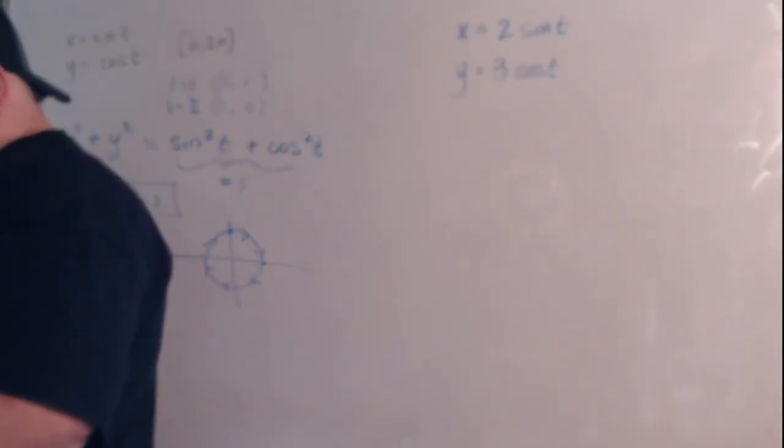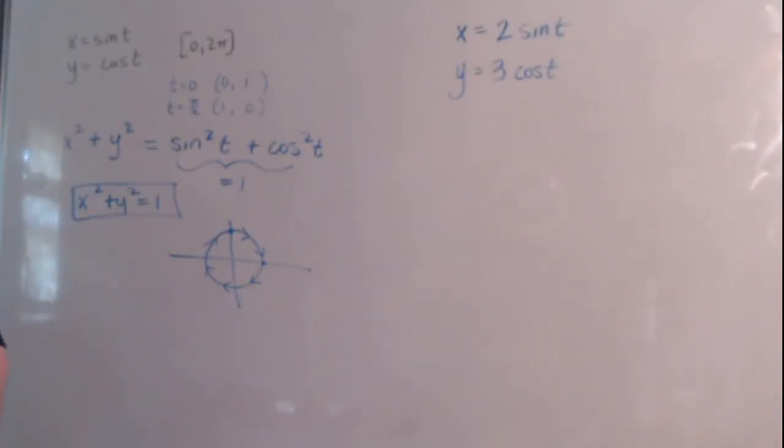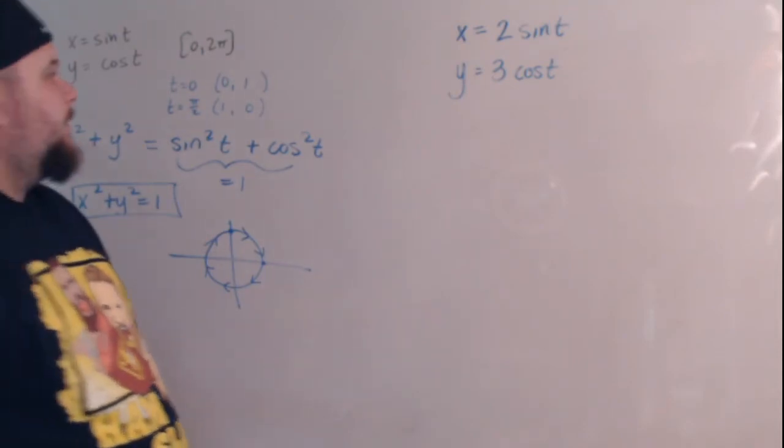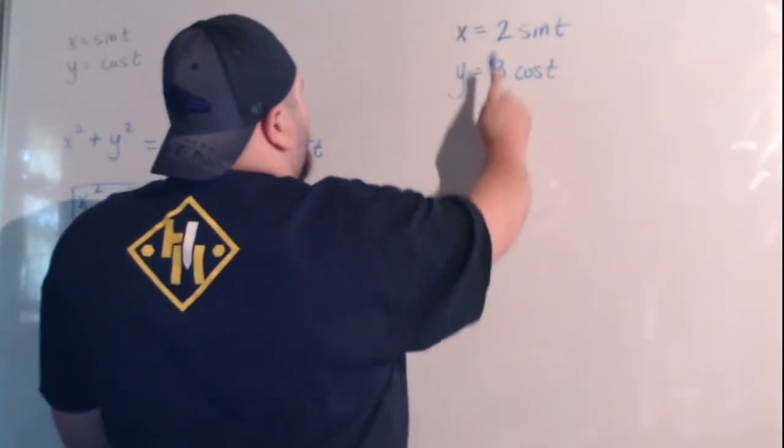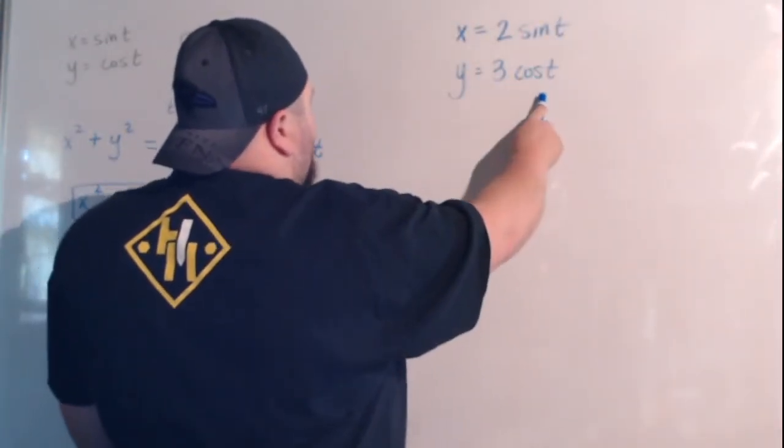So the next one is x equals 2 sine t and y equals 3 cosine t. So this looks a lot like the other ones, except that if I were to try to use the Pythagorean identity right away, it's going to cause some problems because I would get 4 sine squared and 9 cosine squared.